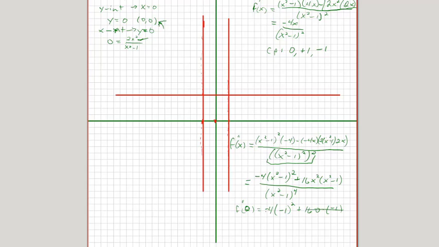Of course that's 0, so I'm just going to call it a negative number. So when I plug 0 in, I'm concave down.